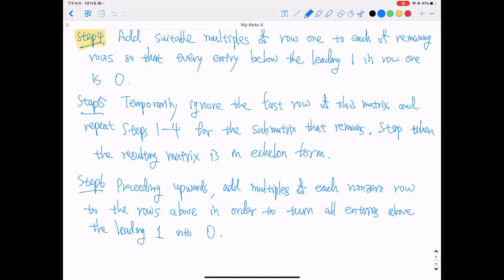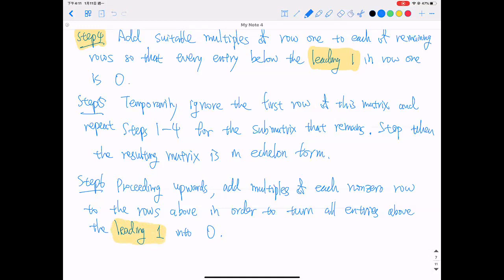Okay. Over in step 4, from the perspective of leading ones, for any given leading one, you've already turned entries below it to 0. Now the last step is to turn the entries above each leading one to 0, and that's what this step is supposed to do, in order to satisfy the requirement of being in reduced echelon form.